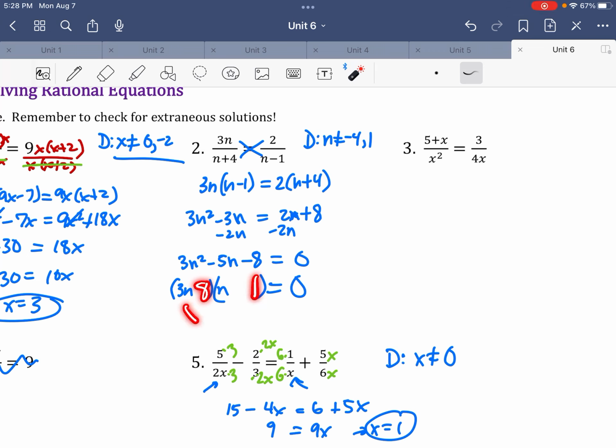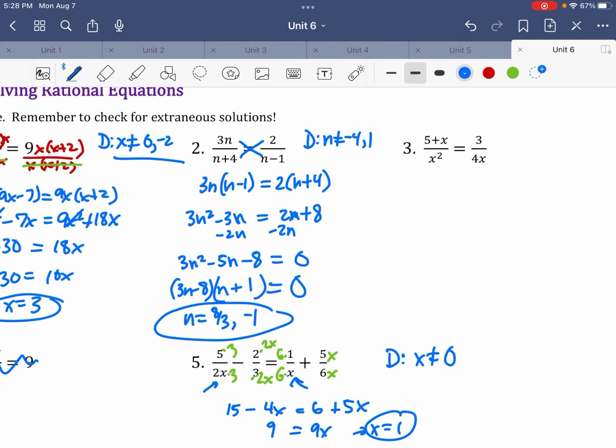Oh no, 8 and 1, because that'll be 3n, and 8n can get my 5n. So minus 8, positive 1. Yes, that works. So my solutions are 8/3 and -1. Close call, it wasn't positive 1, it was -1, so these are both fine.